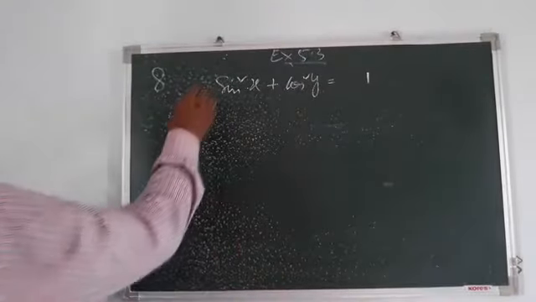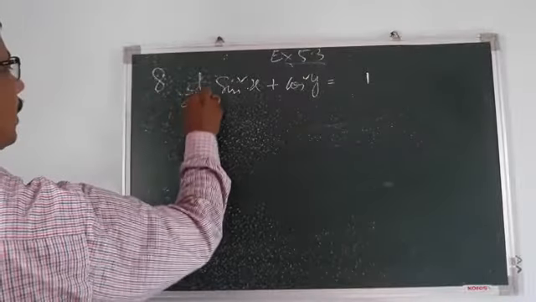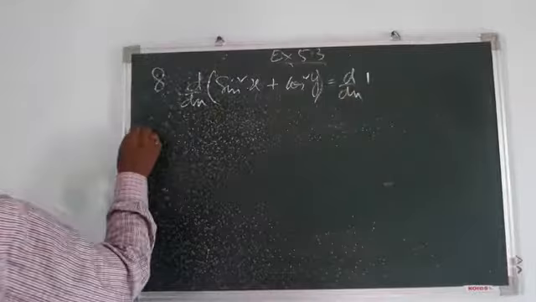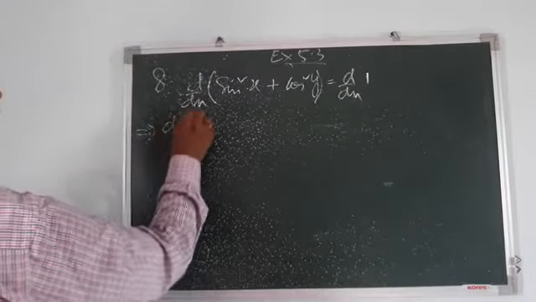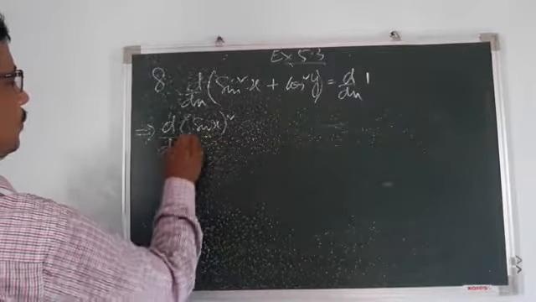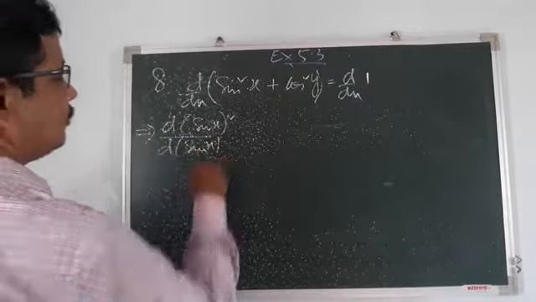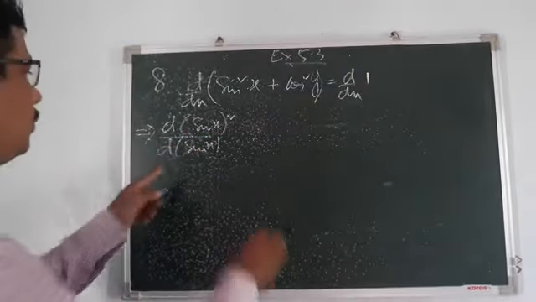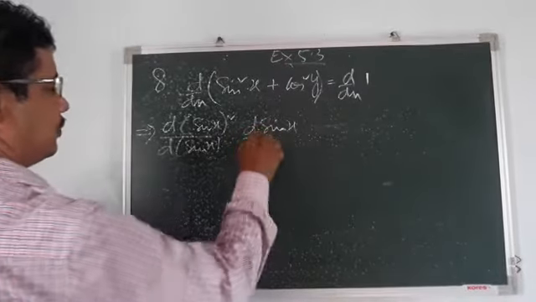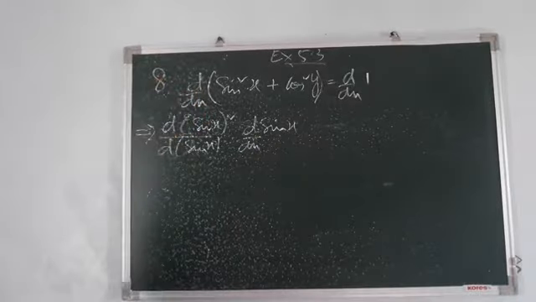Now see, if we differentiate again with respect to x, this already we have experienced: sin x whole thing squared, with respect to d(sin x), it is the rule. Then we have to differentiate sin x with respect to x. Then it will be this one.